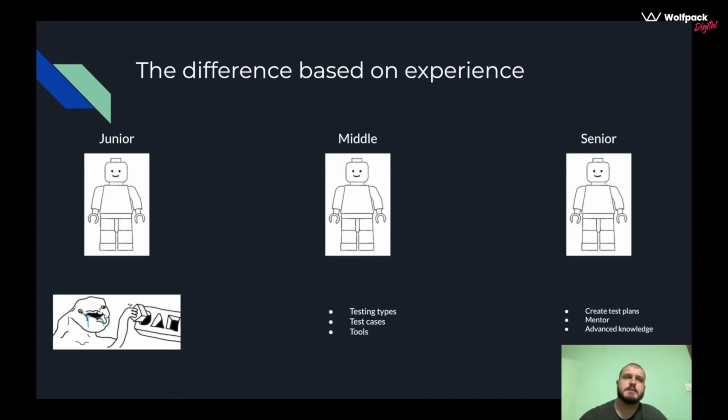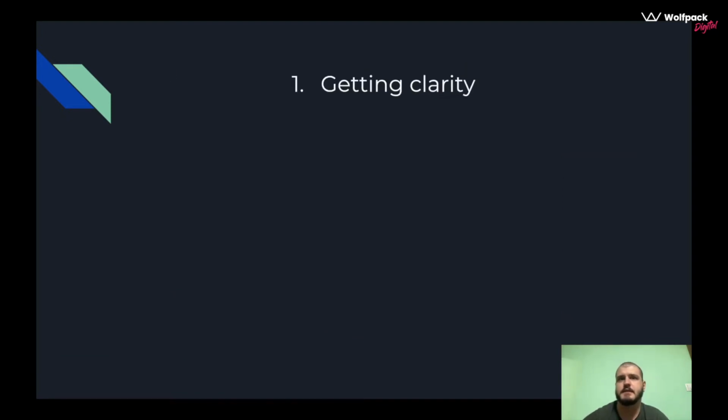And now I want to talk about how to improve those what if questions. And I made it in two parts, and the first part is getting clarity of the feature. We want to know exactly what's going on with that feature. Maybe in the task description there's some information missing, and we want to clarify that.